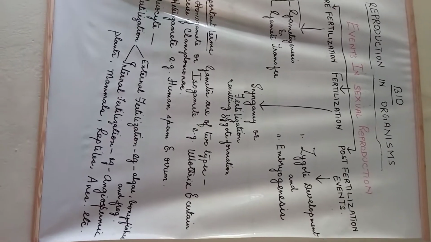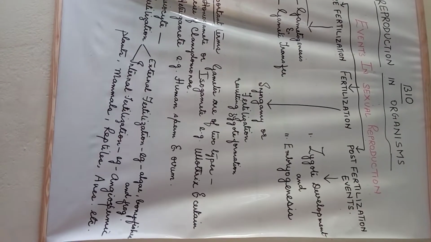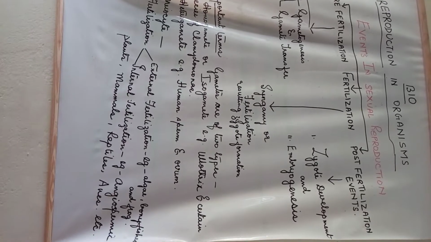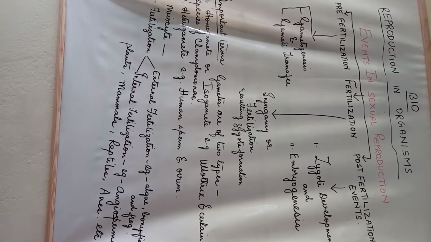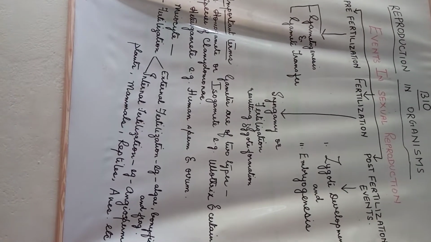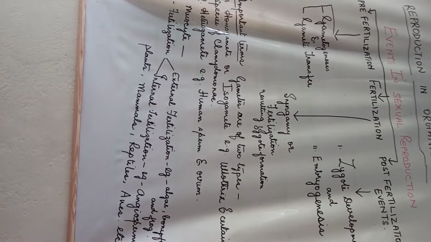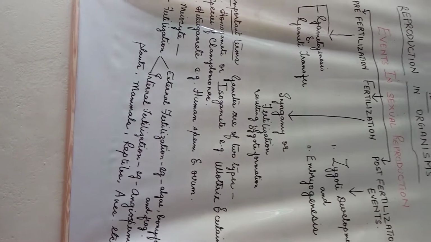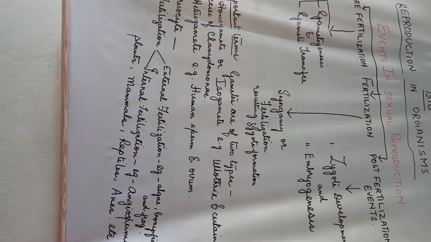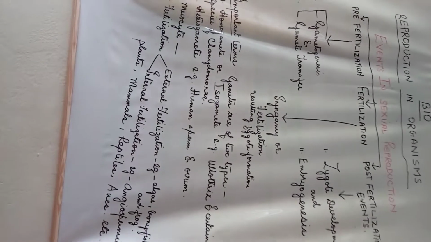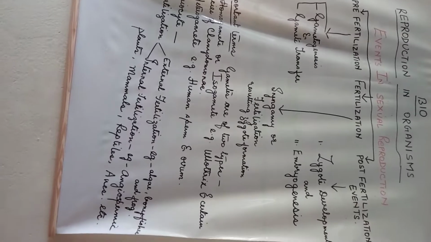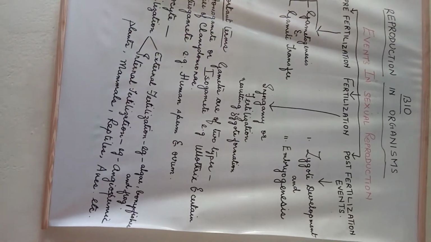Examples: majority of algae, bony fishes and frogs. Such organisms exhibit external fertilization, show great synchrony between the two sexes and release a large number of gametes to the surrounding medium in order to enhance the chances of syngamy, and a large number of offspring are formed as a result.